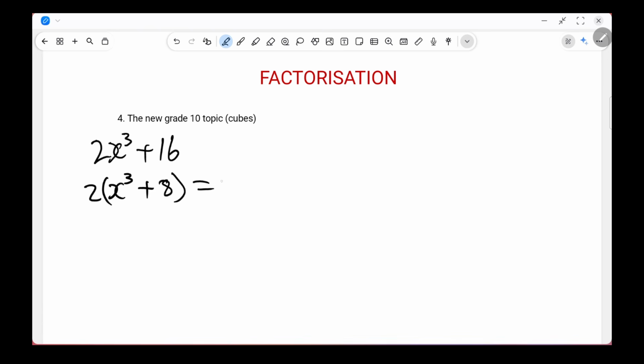We will do like this: 2, and then we open a small bracket, x, we keep the original sign, and then is 2.